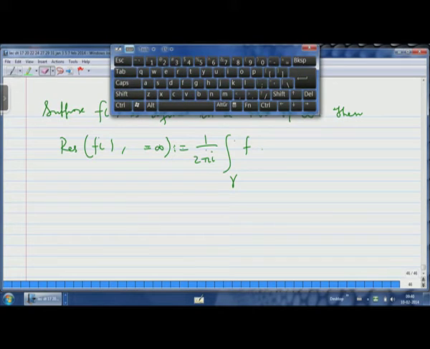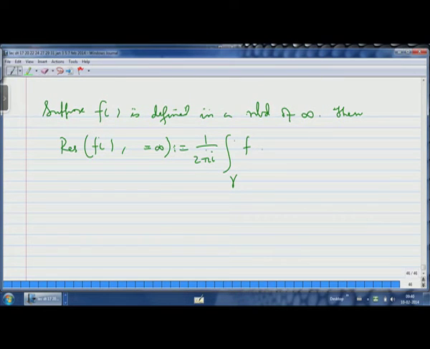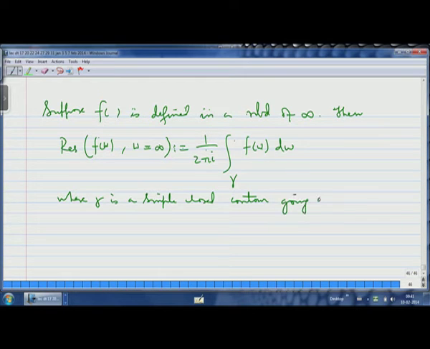So let me do that. So f(w), w equal to infinity, 1 by 2 pi i integral over gamma f(w) dw, where, so let me write that, this is very very important, where gamma is a simple closed contour going around the point at infinity in the positive sense.